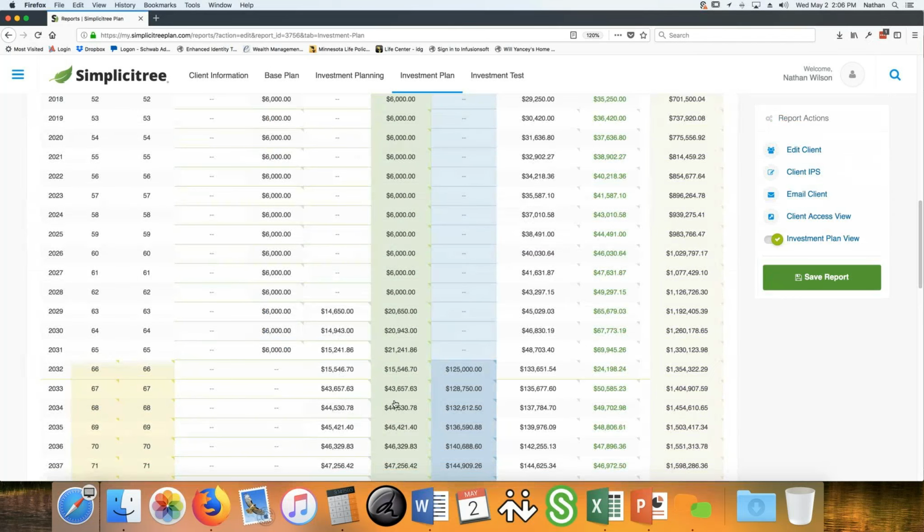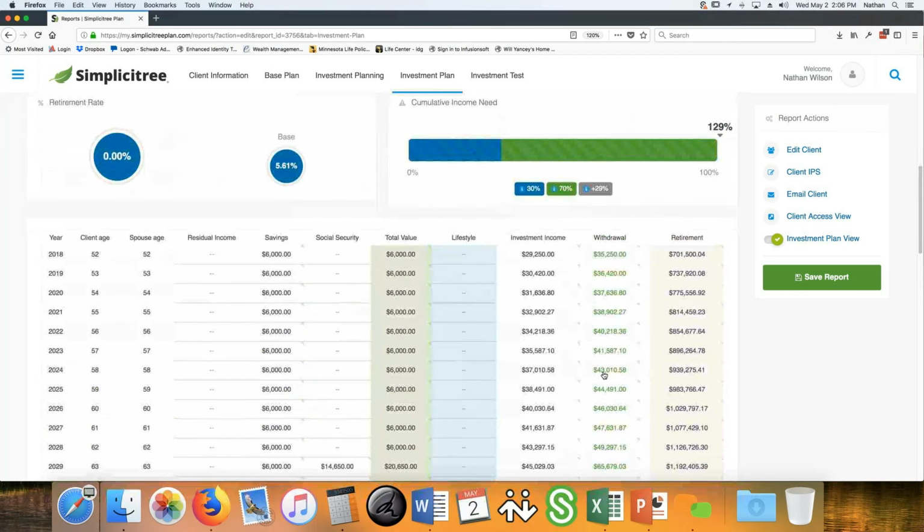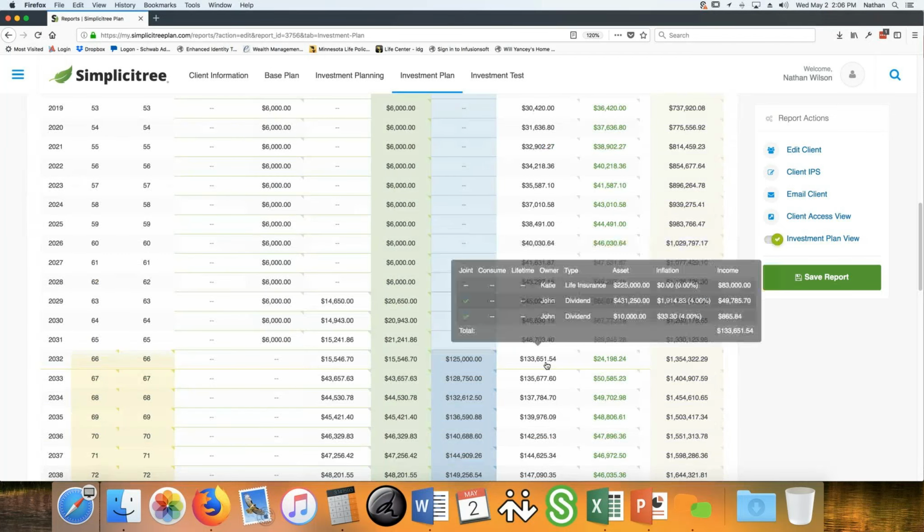Haven't changed anything about Social Security, haven't changed anything about their income need. But now we have this other supply of money. And so you have this investment income of $133,000. Remember when I said you could click on any number and get more information? You can see here at this point in time, his dividends have grown to $49,000 on his IRA.